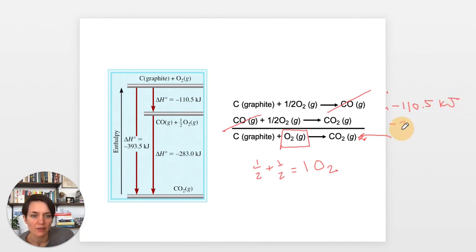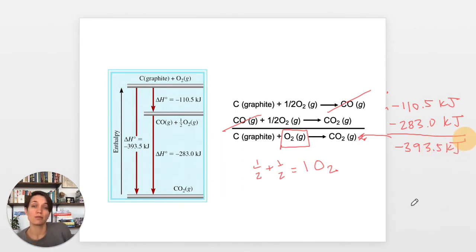We have negative 283 kilojoules here. We can use those two reactions to determine that the enthalpy change of carbon and oxygen going to carbon dioxide would have a total of negative 393.5 kilojoules just by adding those two numbers.